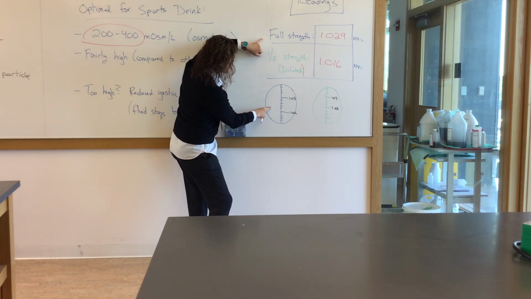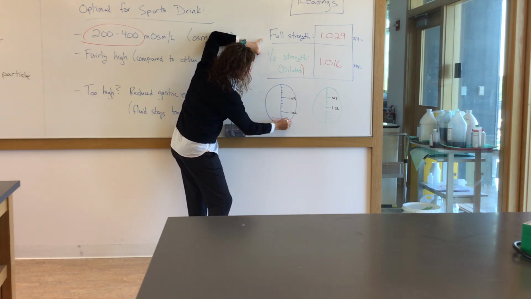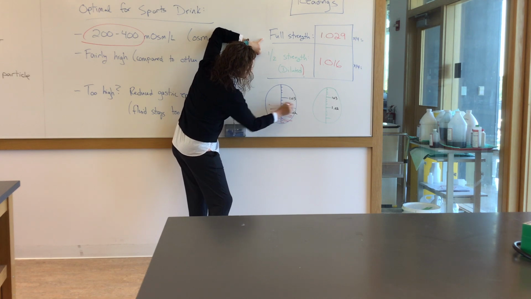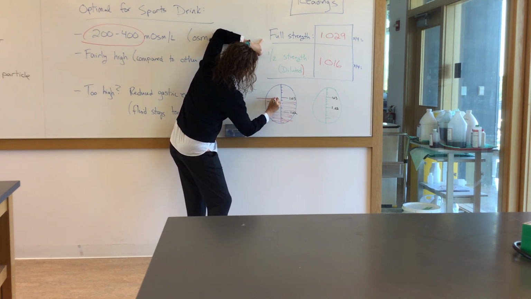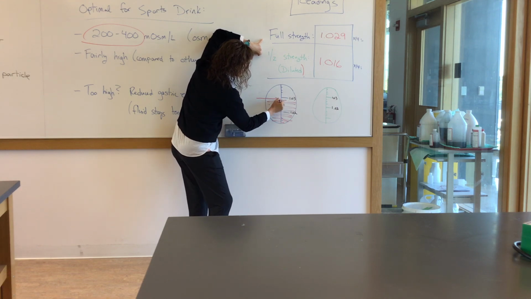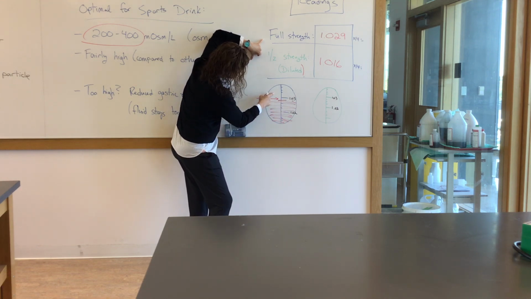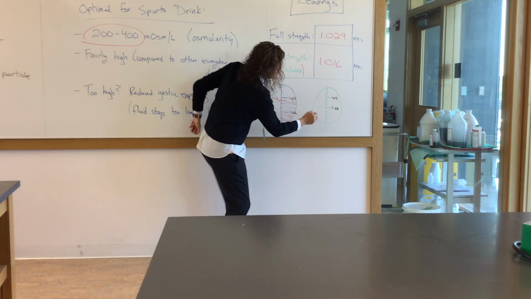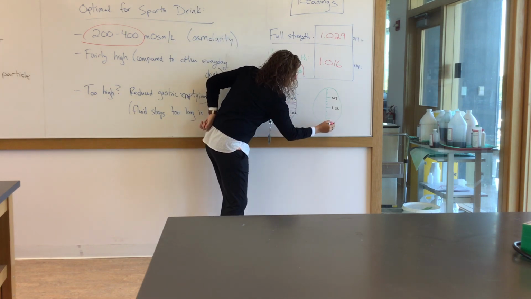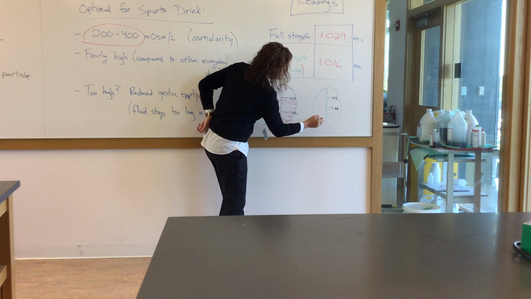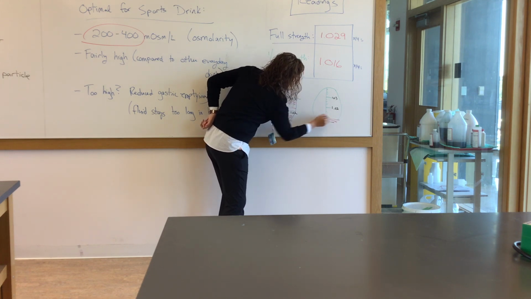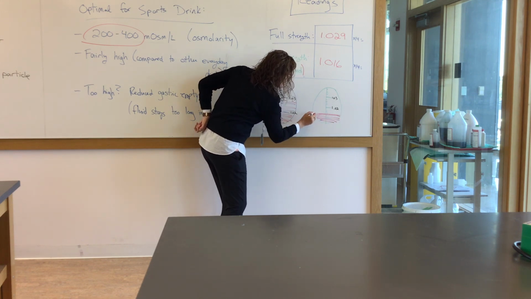For the full strength, when you look at the refractometer, the fluid comes up, and you're supposed to read right where the fluid ends and the clear begins. So 1.029. This was the half. It was 1.016. So it only came up to about right there.